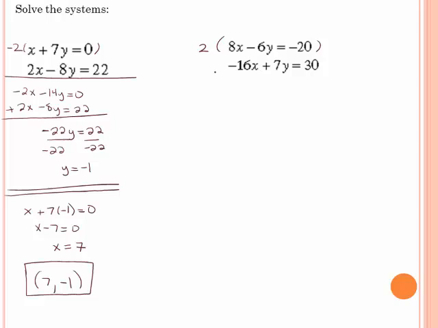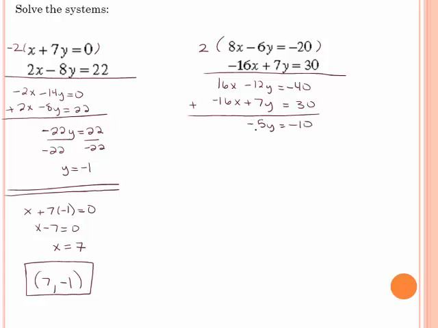That'll give me positive 16 and negative 16. So I have 16x minus 12y is equal to negative 40. I multiplied everything by 2. The other equation does not change. Add together, and I get negative 5y is equal to negative 10. Dividing by negative 5 gives me that y is equal to 2.